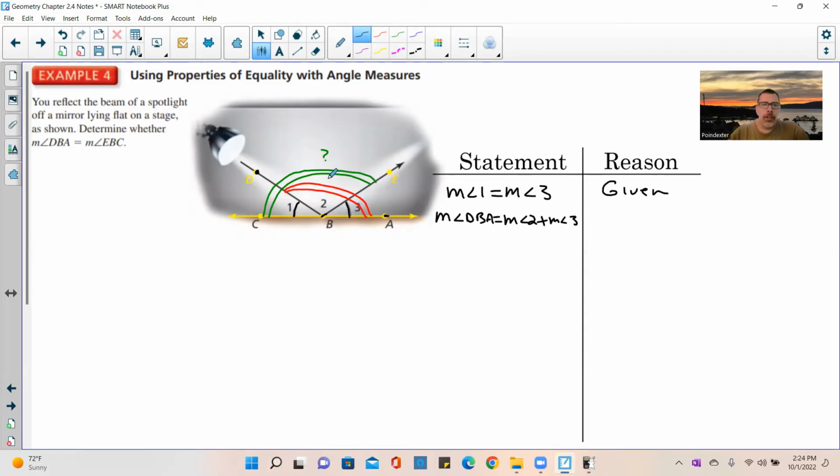Okay, so the measure of angle DBA equals DBE, which is angle 2, and EBA, which is angle 3. And the reason for that is angle addition postulate. Okay, so the measure of DBA equals the measure of angle 2 plus the measure of angle 3.